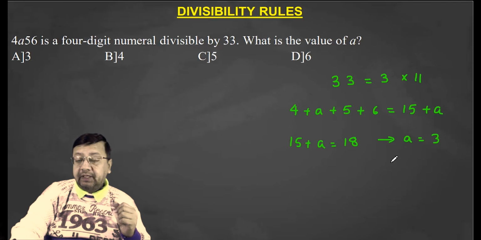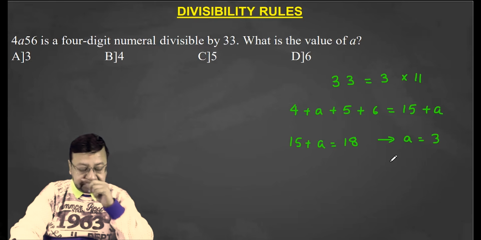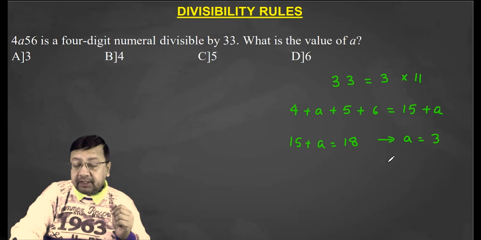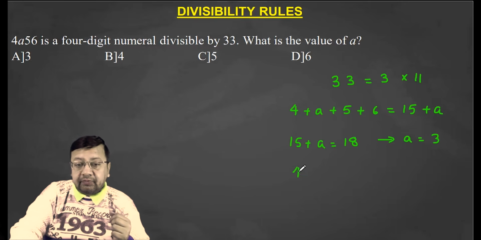Now, if I take A as 3, I need to check the divisibility of 11, whether this is applicable or not. So just take the alternate digit difference. 4 plus 5, this is the one set, right? And if you consider A as 3, so 3 plus 6, right?